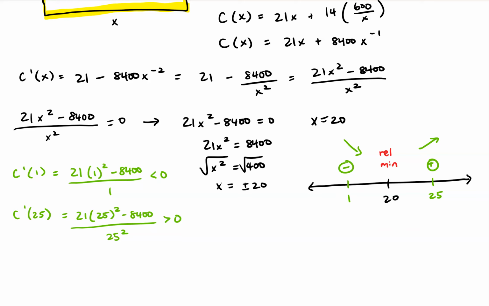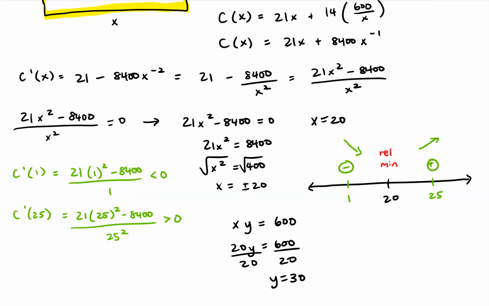The only other thing that we need now is we have one of the dimensions of the rectangle, and recall that the area or the square footage of the rectangle was 600, and so we found that x was 20. So we have 20 times y is equal to 600, and then if we divide both sides by 20, we get y equals 30.